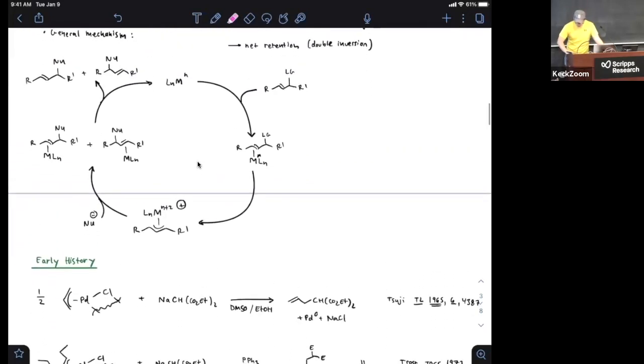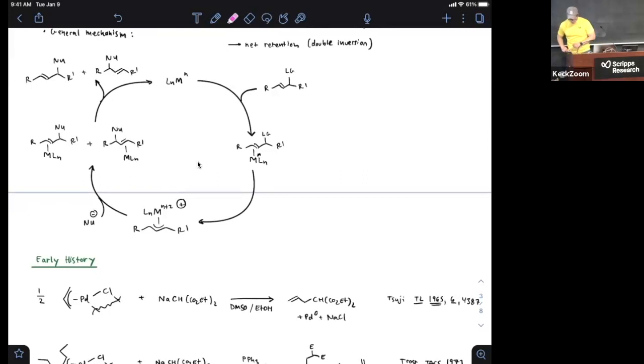Okay, let's now take a look at some of the early history here. And we'll do this to parallel the coverage of the Fokker and Heck type early history. So here too, in allylic substitution, an early player was a familiar name, Jiro Tsuji.